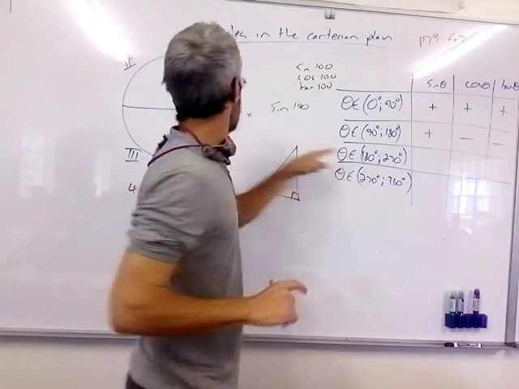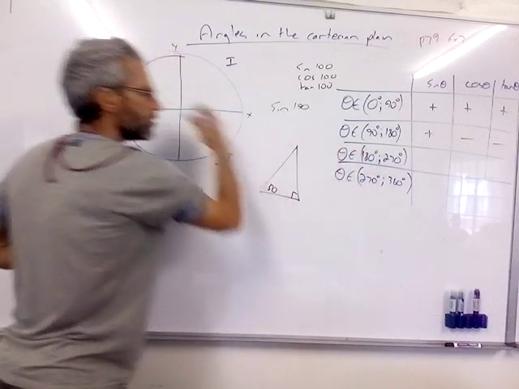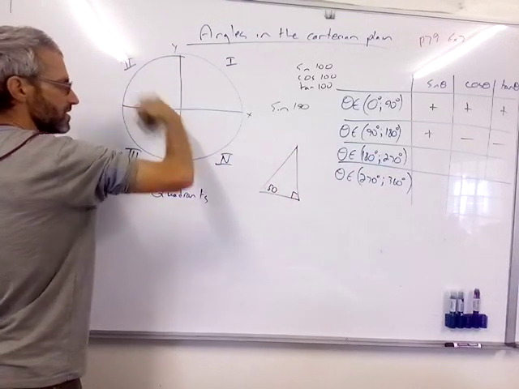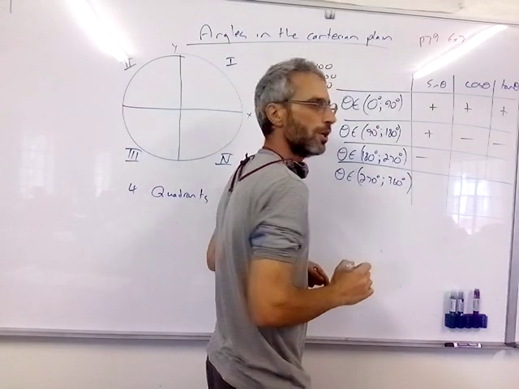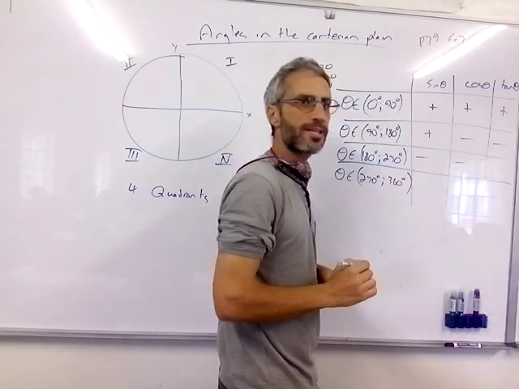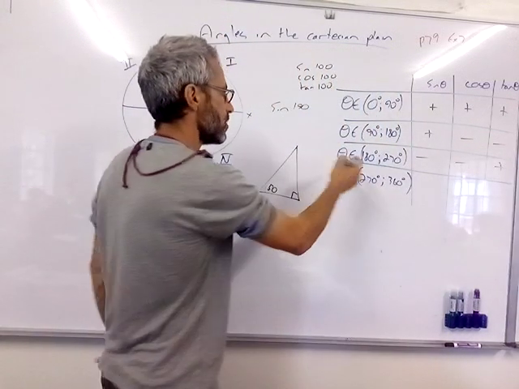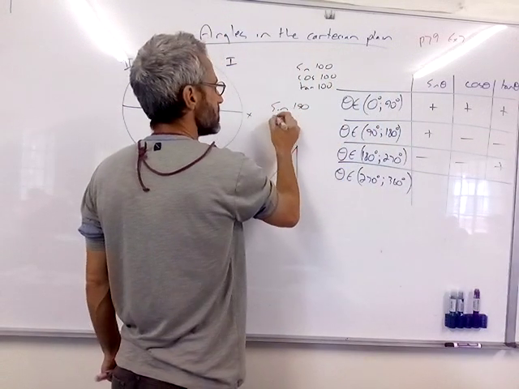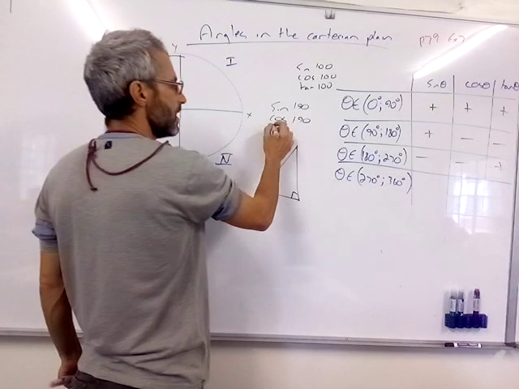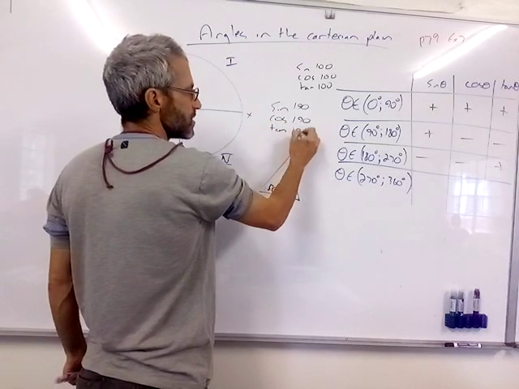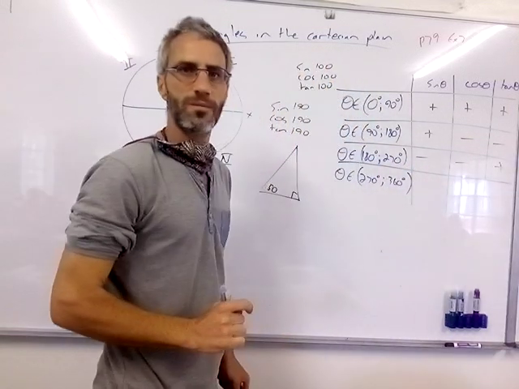Now we're moving from 180 to 270. You'll find that the sine is negative, the cosine is also negative, but the tan is positive. Again, you can try sine 190, cosine 190, tan 190, which is between 180 and 270. You'll see the sine and cosine are negative, the tan is positive.